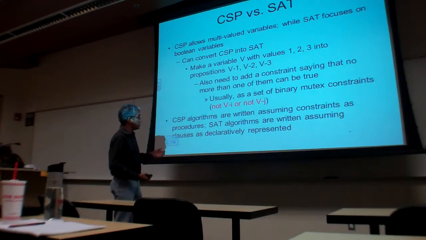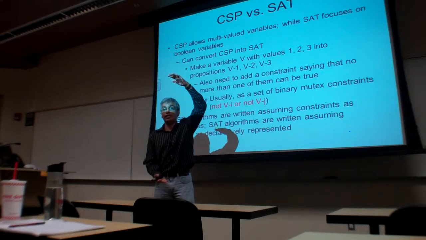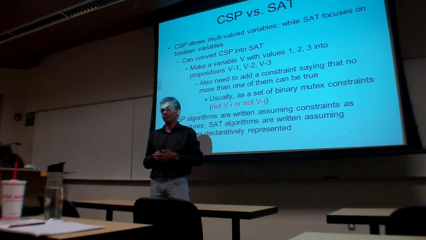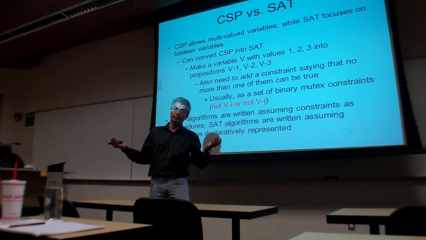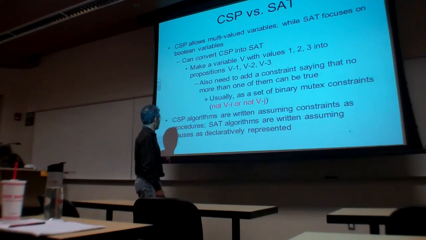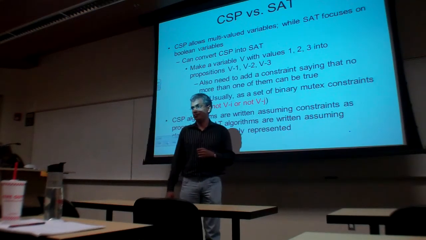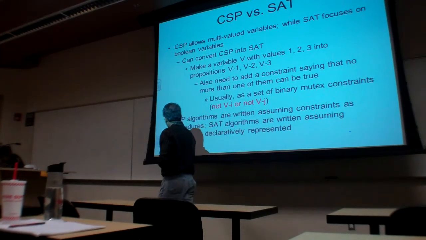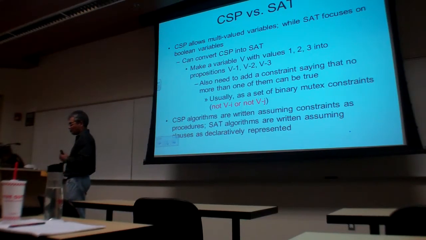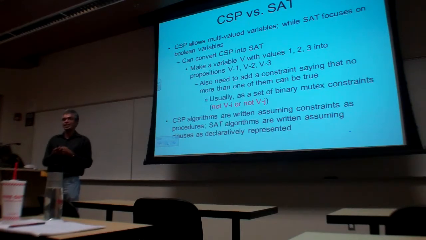But on the other hand, it also means that they don't need to write the constraints down in any declarative fashion, so they don't take that much space in some cases. SAT algorithms, on the other hand, are written assuming clauses are declaratively represented. Now, the third bullet I forgot to mention is the practitioners of CSP versus SAT.